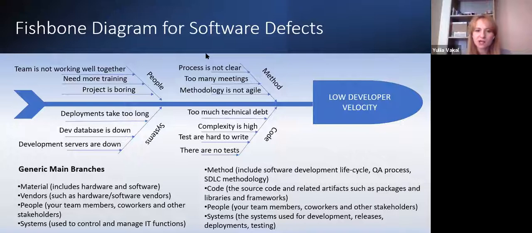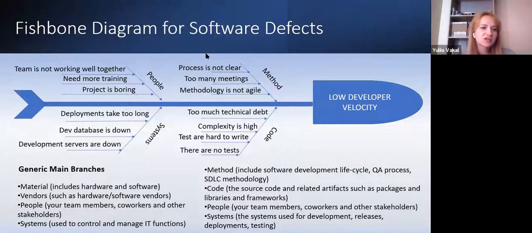Methods could include the software development lifecycle, QA process, any methodology like Agile, Waterfall, and problems related to them. Code, so the source code, artifacts, packages, libraries, frameworks, whatever you use. People, team members, co-workers, stakeholders, skills. Systems, so the system under development, releases, deployments, testing. So those are the categories we use in this example.